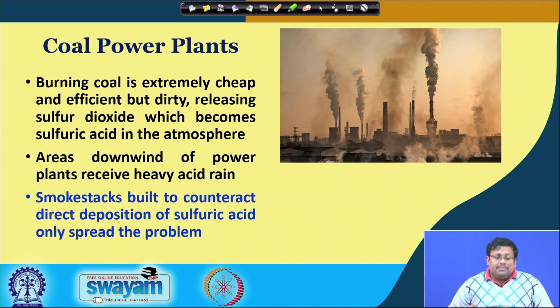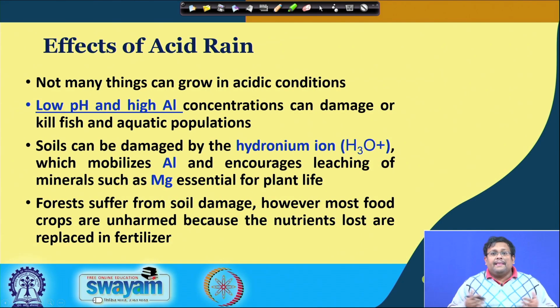So this is how coal power plants produce huge amounts of smoke and different types of gases, which ultimately produce these acid rains. Let us talk about the impacts of acid rain.